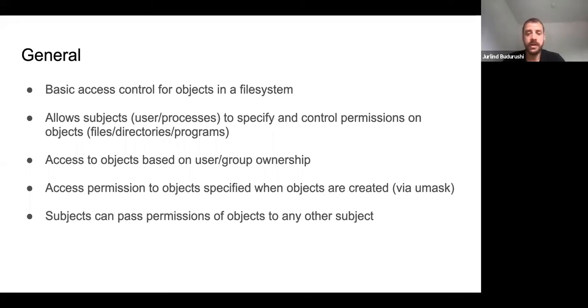Usually you as an owner will get full access permissions on the file, meaning you have read, write, and execute permissions. You can change the default permissions using umask, and we'll see what it means.